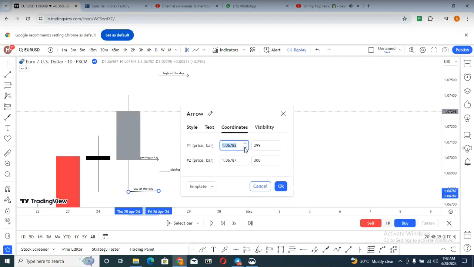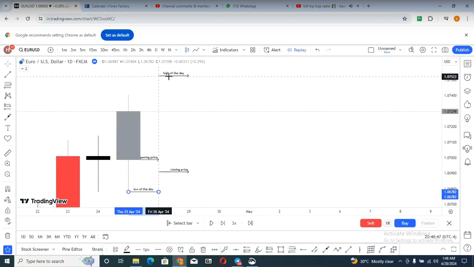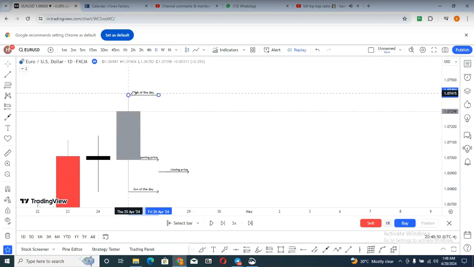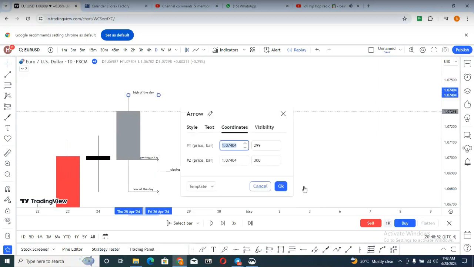I hope you're understanding everything I'm doing here. Now the high for the day. Let me place my cursor on this candle. The high for the day, look at it, is 704, which is correct.